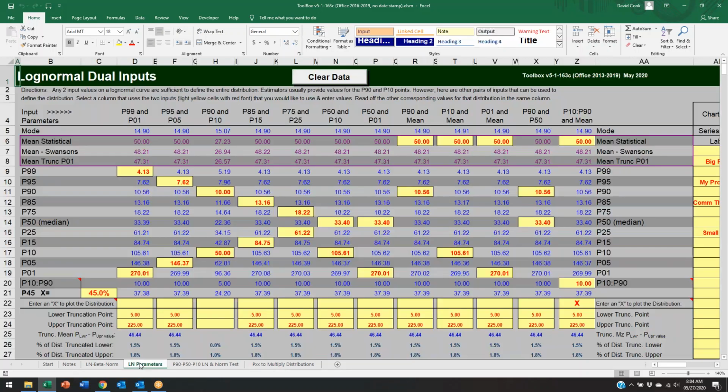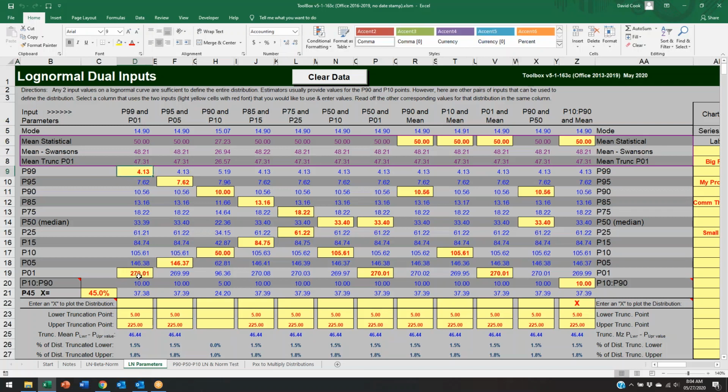For those of you who have used Toolbox in the past, you will remember that there is a log normal parameters worksheet, which allows you to go in and build a log normal distribution based upon any 2 percentile value inputs.